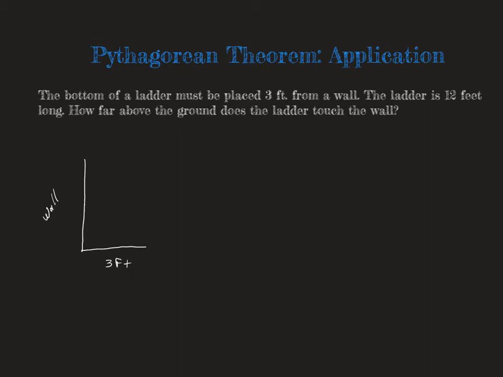The ladder is 12 feet long. So now they're giving you the length of the ladder. So they're giving you 12 feet. The question now is how far above the ground does the ladder touch the wall? So they're telling you what is the highest point right here. So to find that, you need to find b.